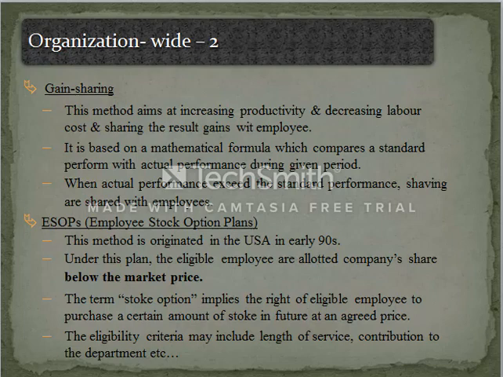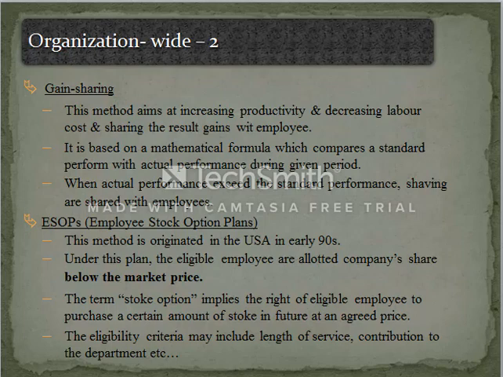This is similar to ESOPs, whereby eligible employees are allotted company shares below the market price, but there is a certain condition that the employee cannot redeem this option in the current position.